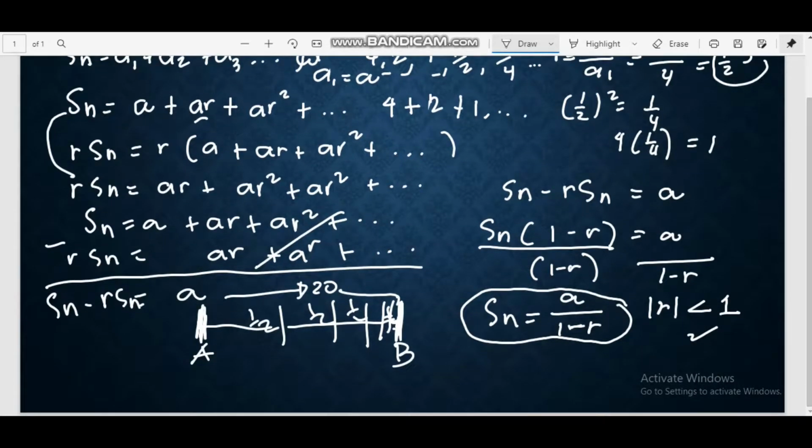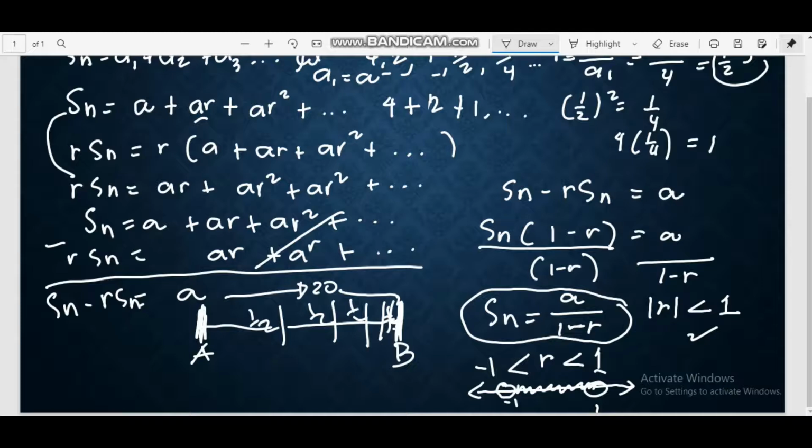So what does this mean? The absolute value of r being less than 1 means you have r less than 1 and greater than -1. We can graph this on a number line: here is -1 and here is 1, and the values are in between.